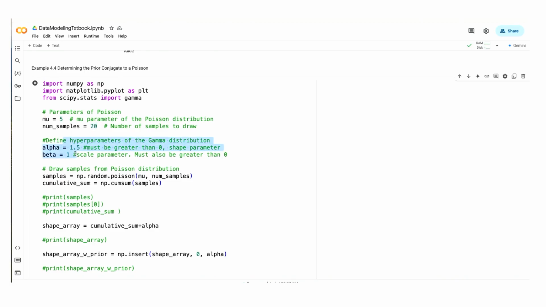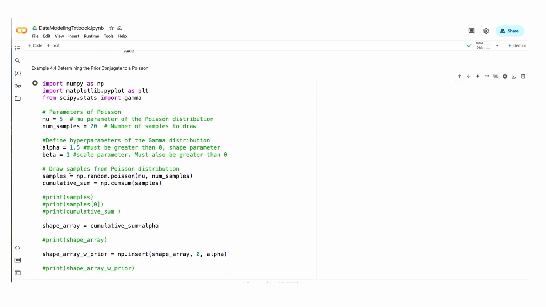And again, because I like putting all my parameters at the top, even if mathematically it makes us jump around a little bit, I will define 2 hyperparameters for my gamma distribution, the shape parameter and the scale parameter, and here I've set them to 1.5 and 1. I just have to remember that they need to stay greater than 0.